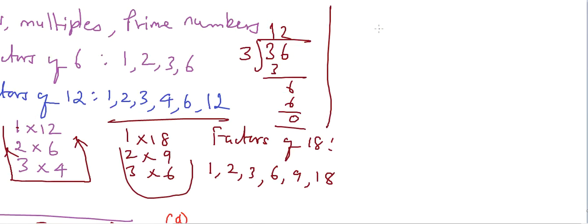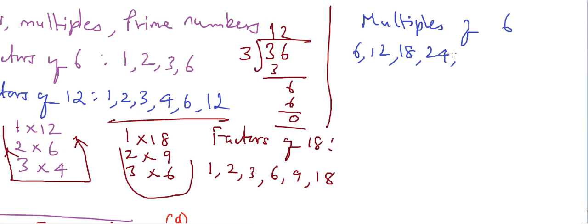Now, what are the multiples of 6? To get a multiple of 6, you keep multiplying by 1, 2, 3, different natural numbers. 6 into 1 will give you 6, 6 into 2 is 12, 6 into 3 is 18, 6 into 4 is 24, 6 into 5 is 30, and so on.